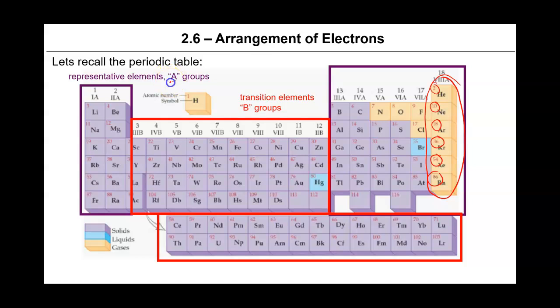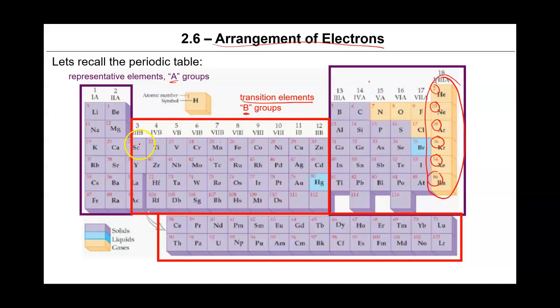We have the representative elements, which are like the A groups. And then we have these transition elements, which are what we call the B groups. We're mostly going to be concerned about the arrangement of electrons in elements that are in the representative elements. If you look at a periodic table, there are 4 blocks, and the first block is 2 columns wide.